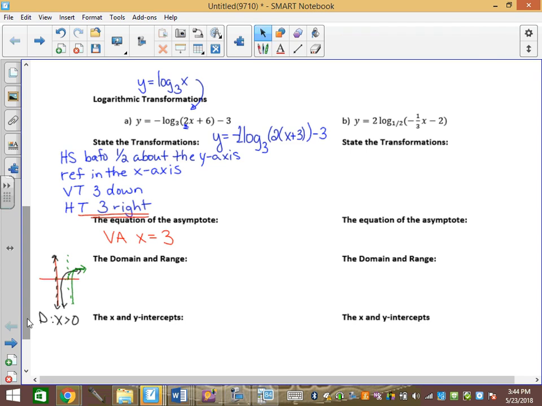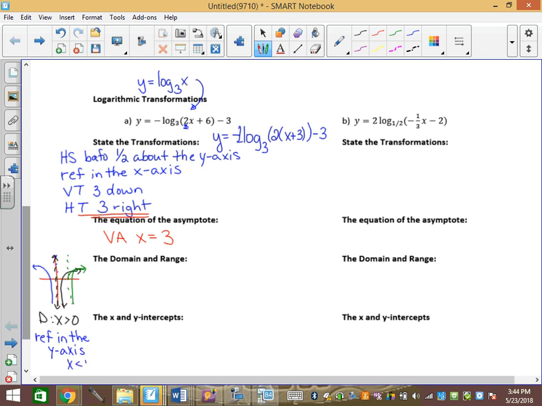What's going to cause it to be less than, though? If I have a reflection in the y-axis here, so anytime you get a reflection in the y-axis, your domain is going to change to x is less than the vertical asymptote, because the entire graph will flip to the left.